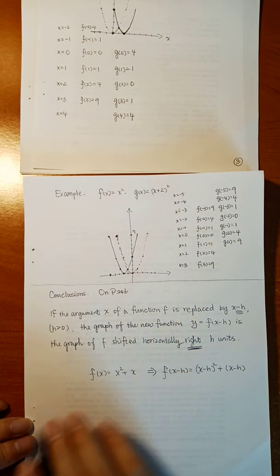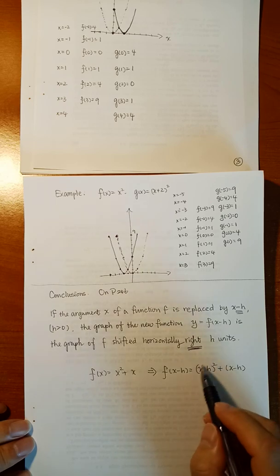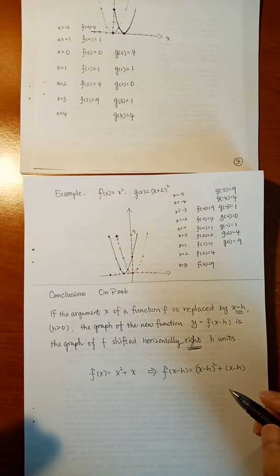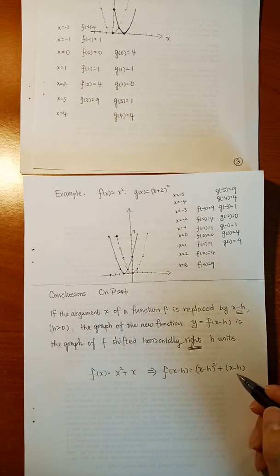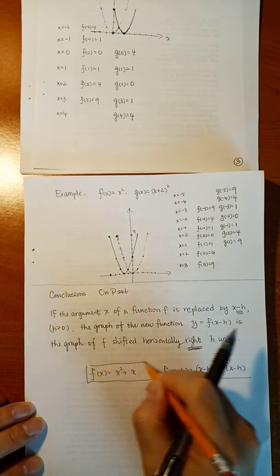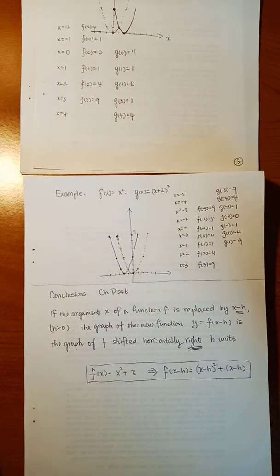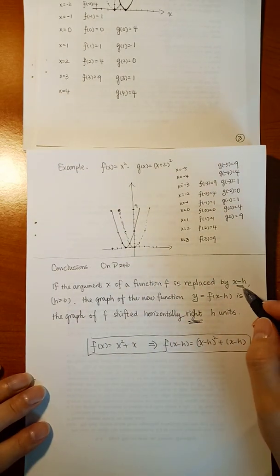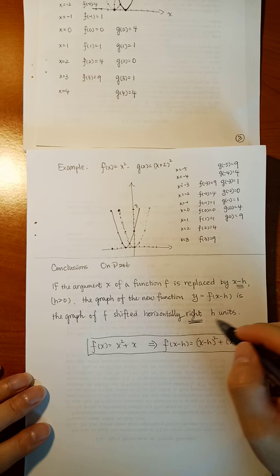You have to replace all x by x minus h. It's not just the first term or some special term. Everything, all the x terms should be replaced by x minus h. So that's very important. Don't just replace one term. Replace all the terms. Okay, so this is a subtraction, right.